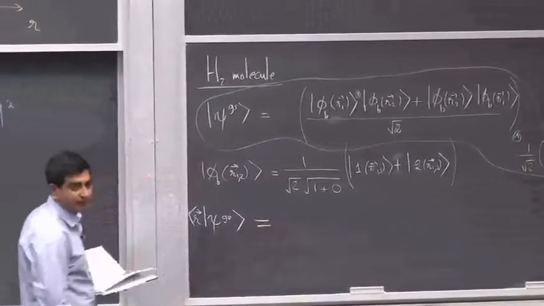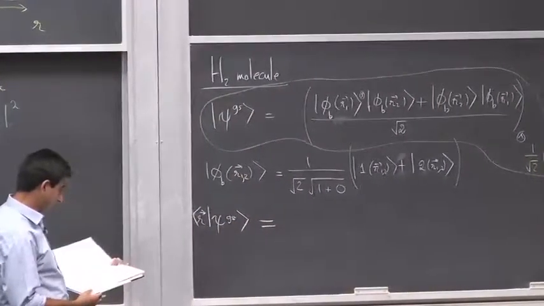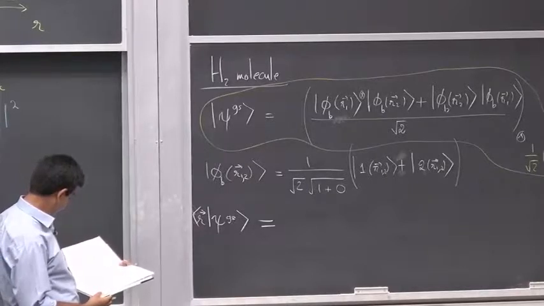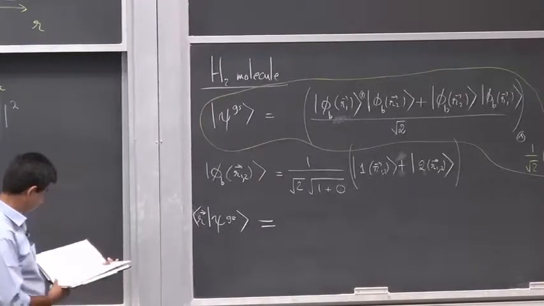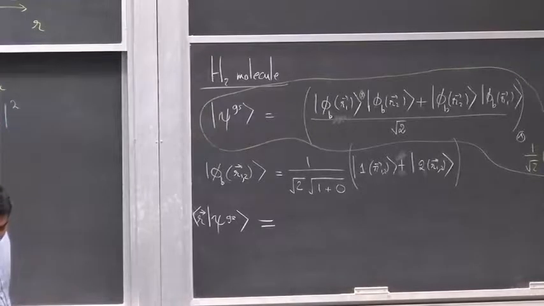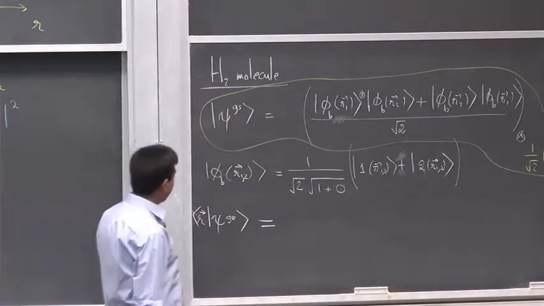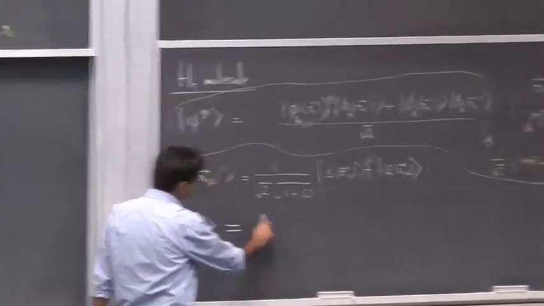So I'm just going to write down a result over here. What I have is some normalization constant A.